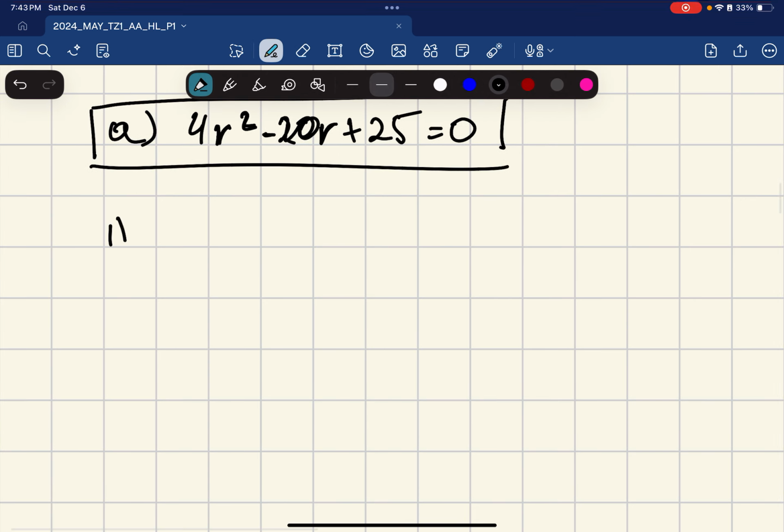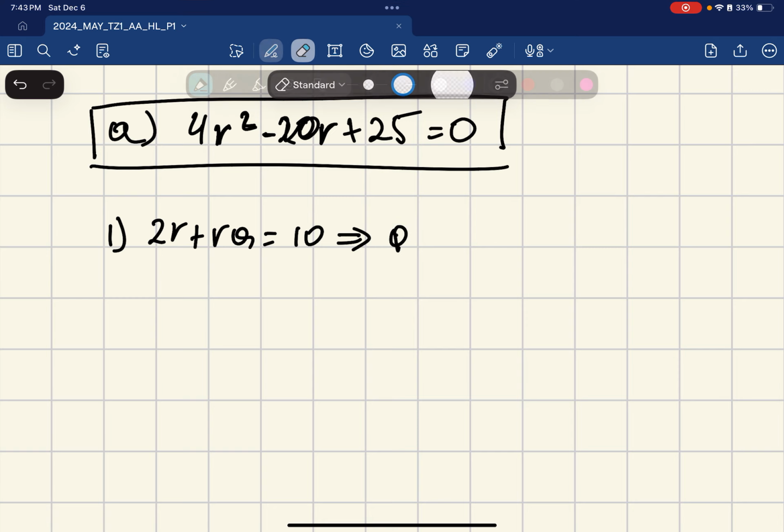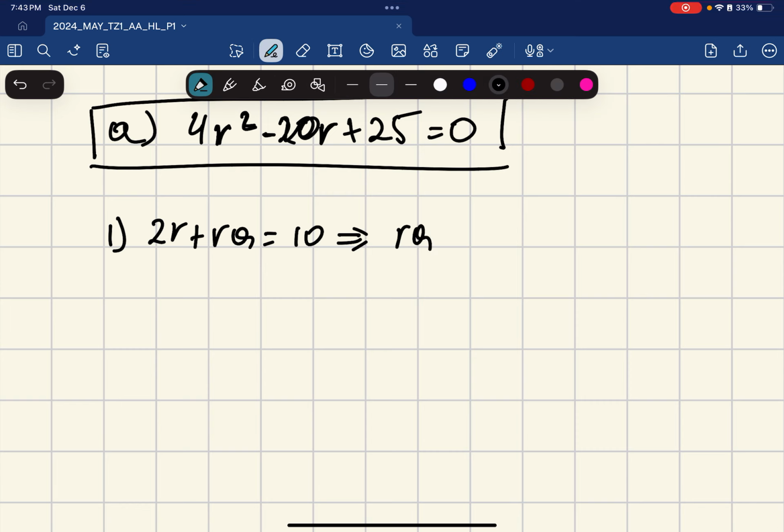So my first equation is 2r plus r theta is equal to 10. I'm going to write it as if I'm solving for theta. So I'm going to subtract 2r from both sides first. I'm going to end up with r theta is equal to 10 minus 2r.